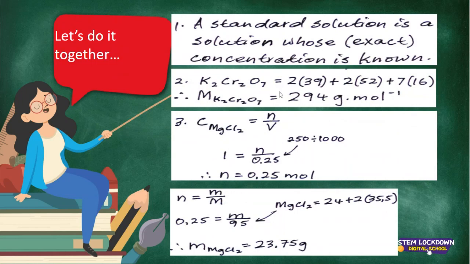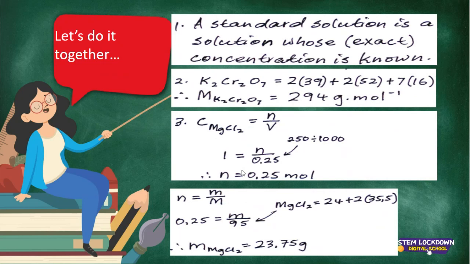There are 2 potassium atoms, so it's 2 times 39, plus chromium, there are 2 of those, 2 times 52. Oxygen, there are 7 of those, so 7 times 16. If you add them together, you get 294 grams per mole. That is the molar mass of potassium dichromate.